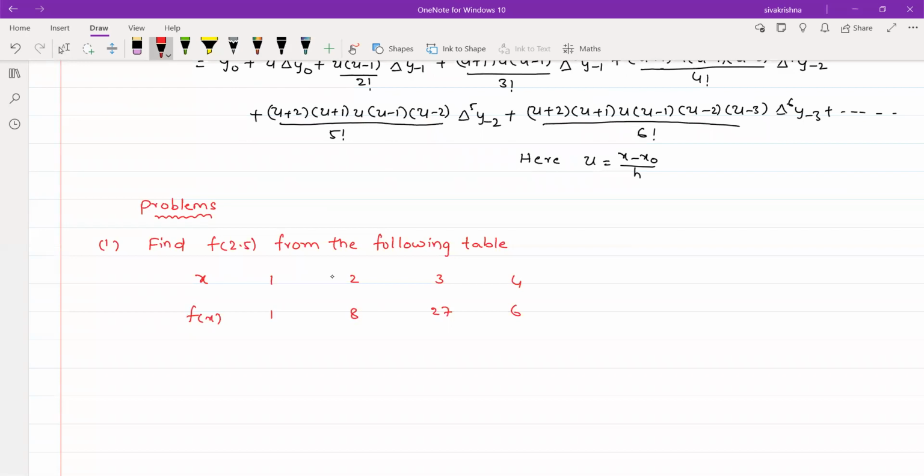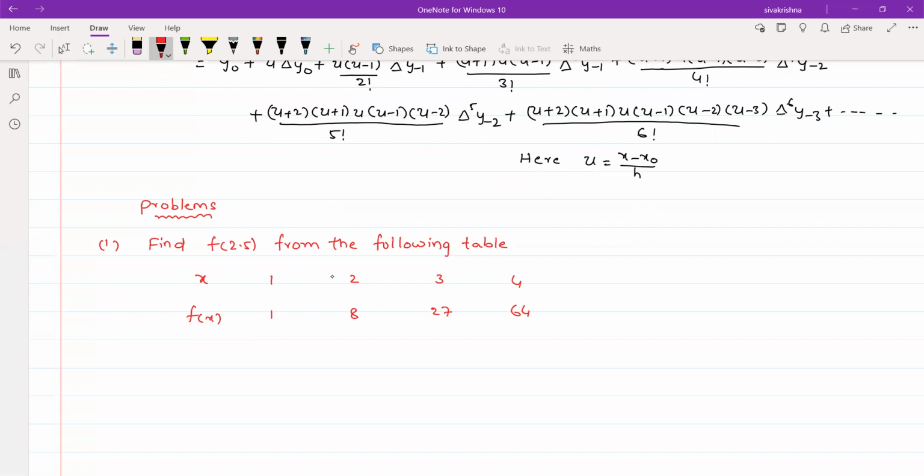Now we have to find the value of f of x corresponding to x equal to 2.5. We have already discussed in the introduction that here we have to choose x naught.